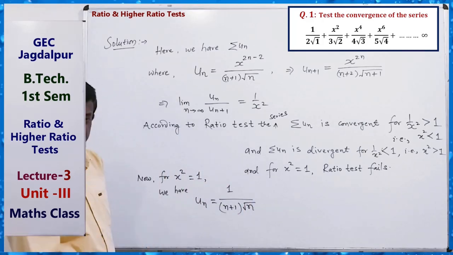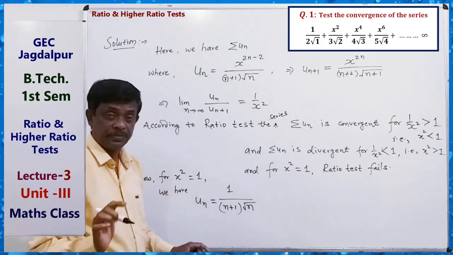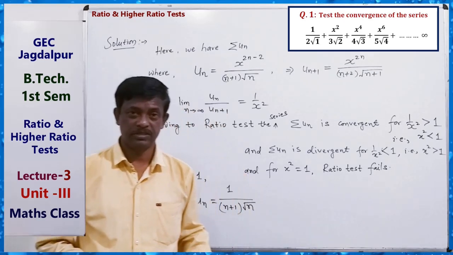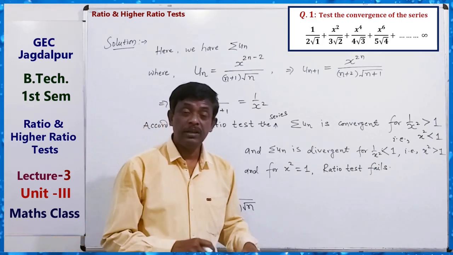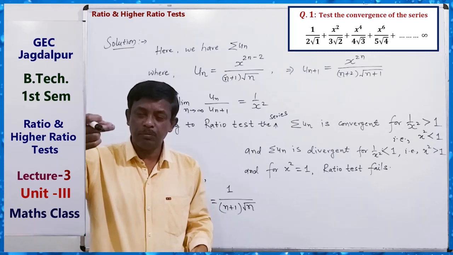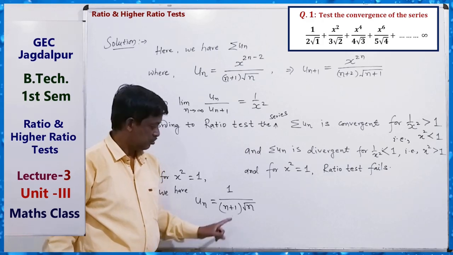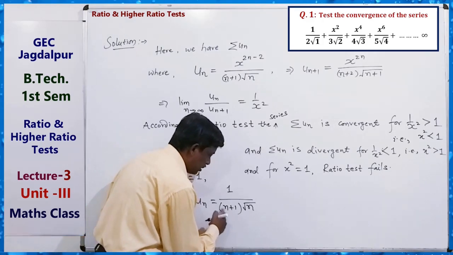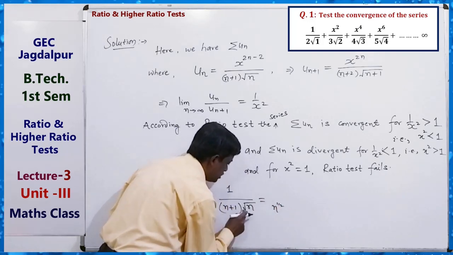Now here we see that, because for comparison test we are finding Vn from un generally. So here un equals to this, and when un can be expressed as a series in power of 1 by n, here 1 by n we can express it just like this. Suppose n taken common, then n to the power 1 by 2 is this.